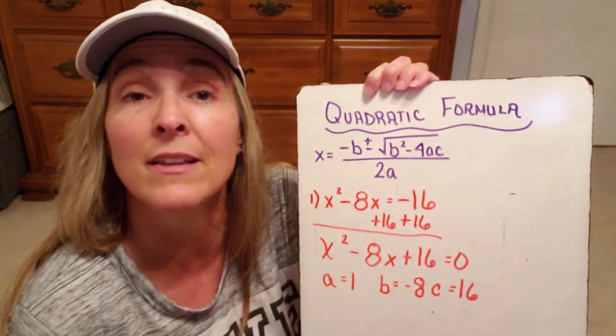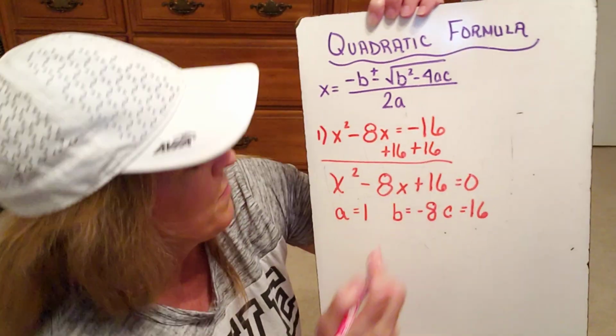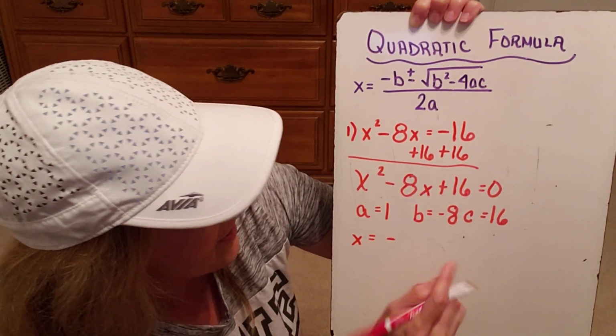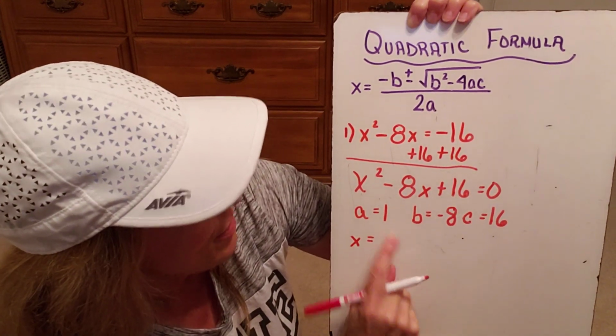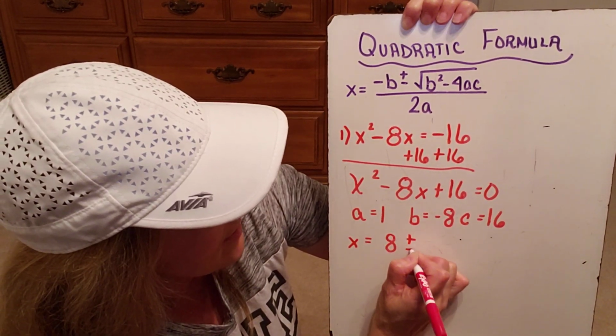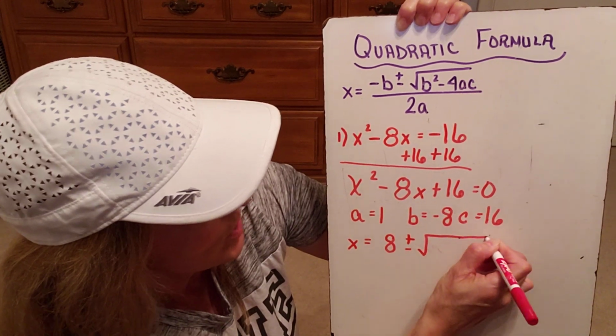So you simply plug this into the quadratic formula, which says that x is going to equal the opposite of b. That means a negative 8 is going to become a positive 8, plus and minus the square root.